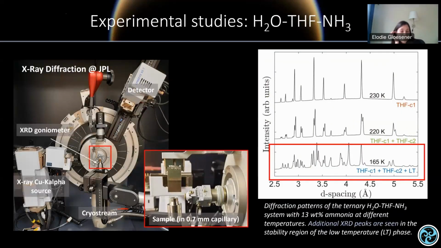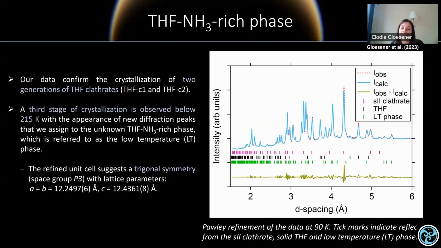Now regarding the XRD pattern of the low temperature phase, you can see that we have additional peaks compared to the previous pattern, which correspond to the formation of this new phase. Here you have the Rietveld refinement of our data at 90 Kelvin.